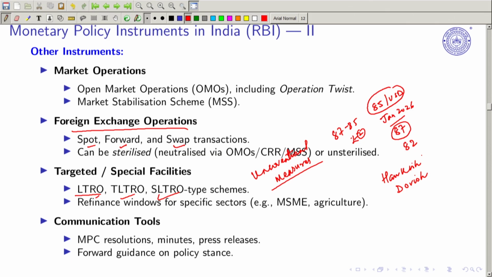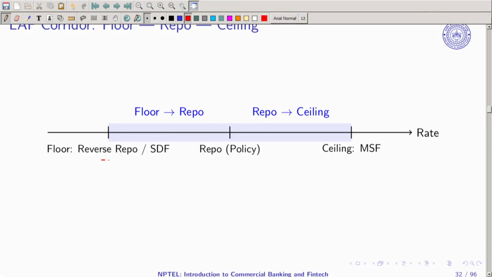As the floor, here we have the reverse repo, and here we have the SDF, the standing deposit facility. It was introduced recently, in 2022 or so, and has been there since, as they found it plays an important role.